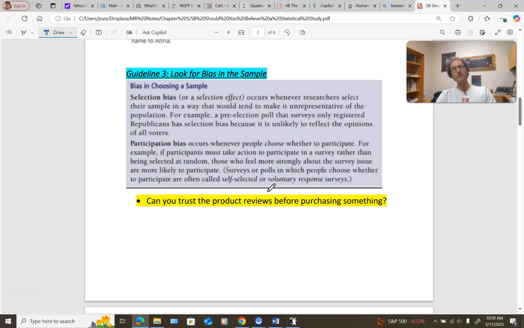And so all those individuals in between that are just simply maybe satisfied with the product, they're left out. Okay, so you have to be careful reading those reviews. You need to just be aware of that. It would be different if those reviews consisted of a random sample of individuals that had bought that product. Okay, that's not how they're done.